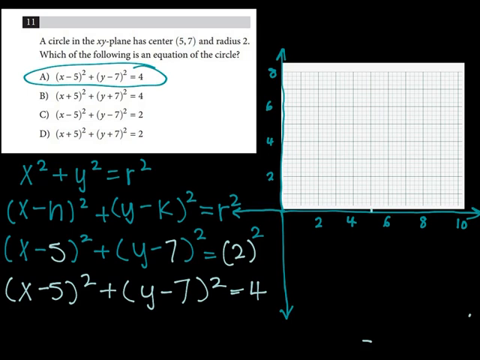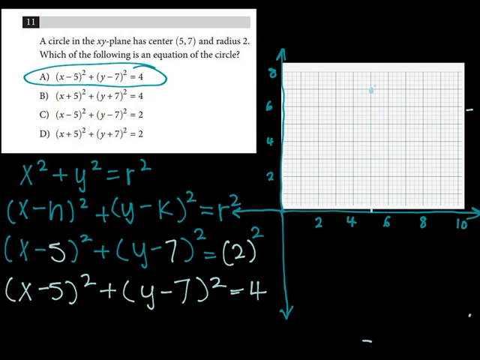They even give it to us in the problem, but we're trying to graph it through the equation. So 5, 7, that's the center. And we know that the radius is 2 because r squared is 4, so the square root of 4 is 2.